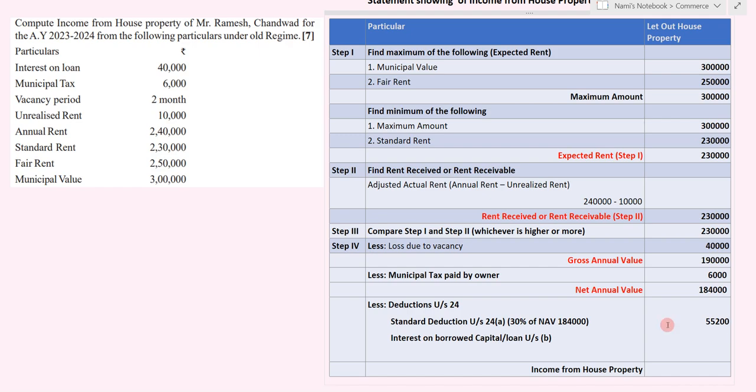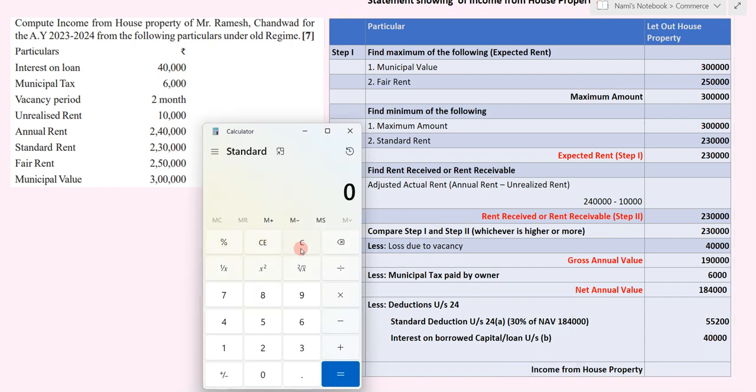Now less the interest on loan. So interest on loan is how much? 40,000. Okay, so from 1,84,000 less 55,200 and 40,000, remaining we get 1,84,000 minus 55,200 minus 40,000, remaining is 88,800.